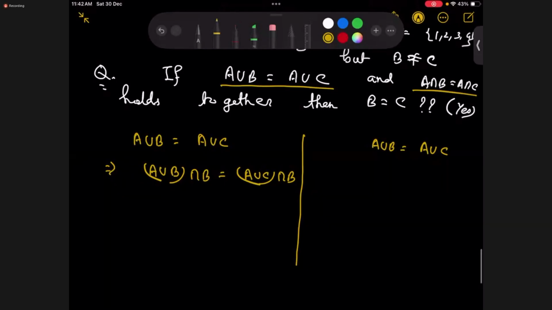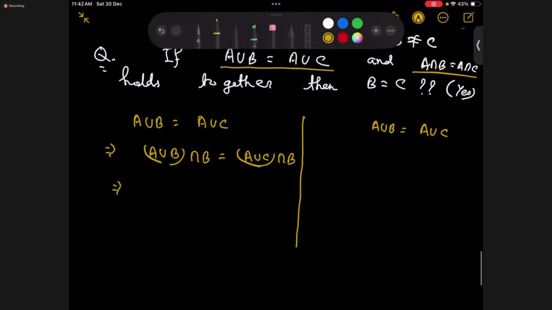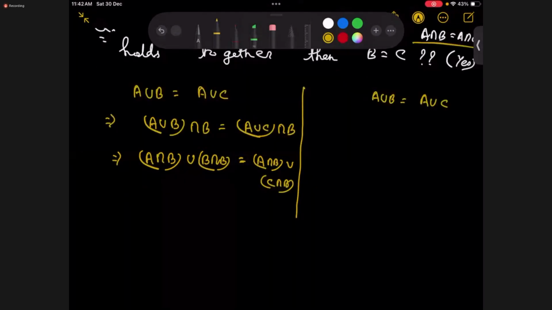So this will imply, by our distribution law, A intersection B union B intersection B, and on the other side, A intersection B union C intersection B. Now, what about A intersection B union B intersection B?